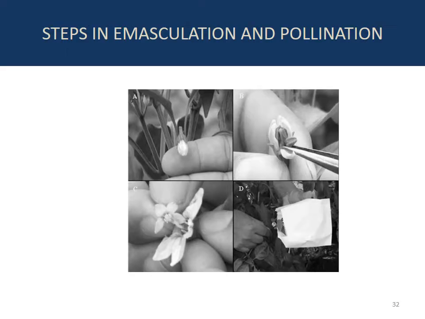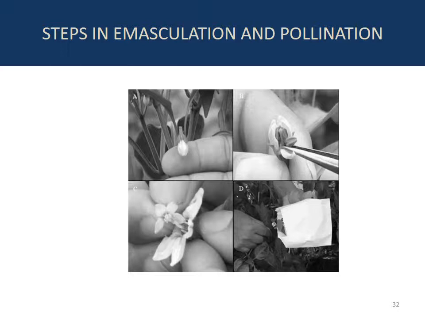Steps in emasculation and pollination. These are the techniques in hybrid seed production. As with the other solanaceous crops, we have to select a bud which is unopened and expected to open within a day. After selecting it, this is a suitable bud which is ready to be emasculated, and after that we remove the anthers like this.